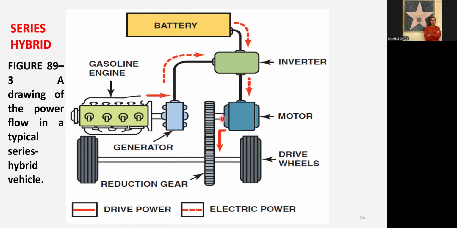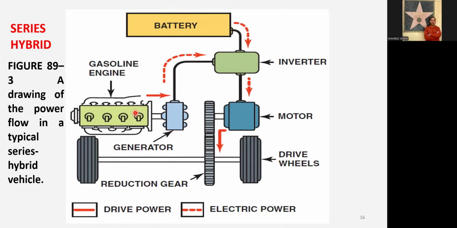That electric motor drives the reduction gear, and the reduction gear drives your drive wheels. From the batteries, the current also goes to the inverter, and then to the motor, and that motor drives the vehicle.